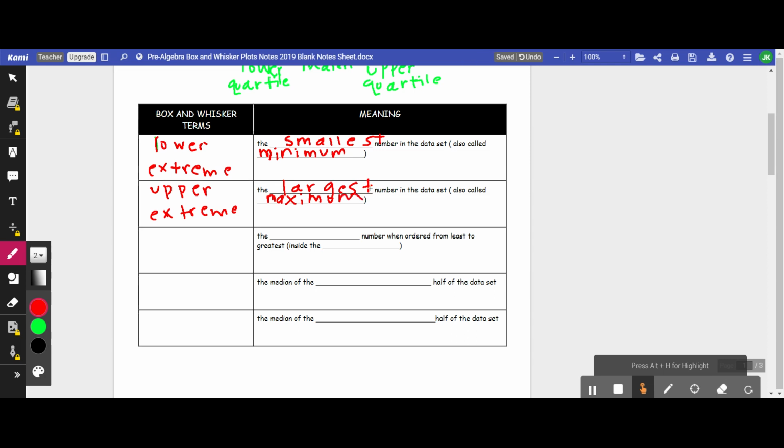And then next is your median. Remember, this is the middle number when you list your numbers from least to greatest, and this is the line on the inside of the box.